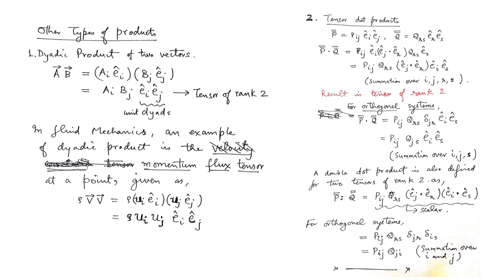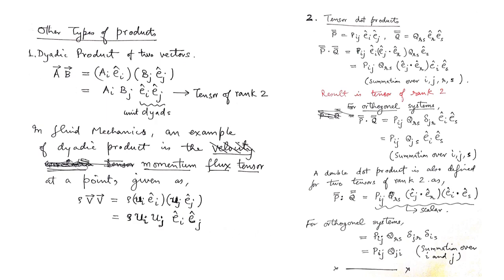So you have two dot products involved. The final result comes out as a scalar. There is no vector here in this expression. Notice that a double dot product involving tensors of rank 2 results in a scalar. So tensors can be reduced into scalars by involving a double dot product.